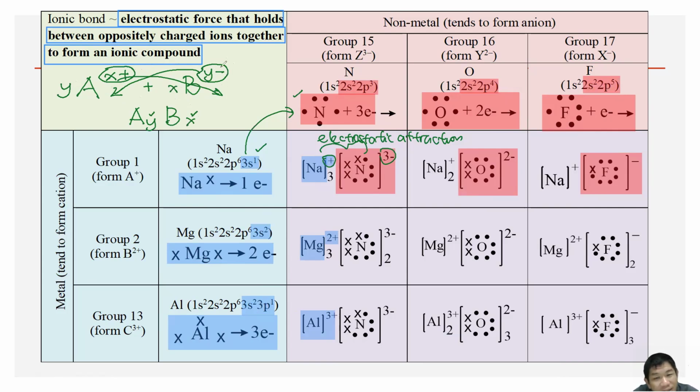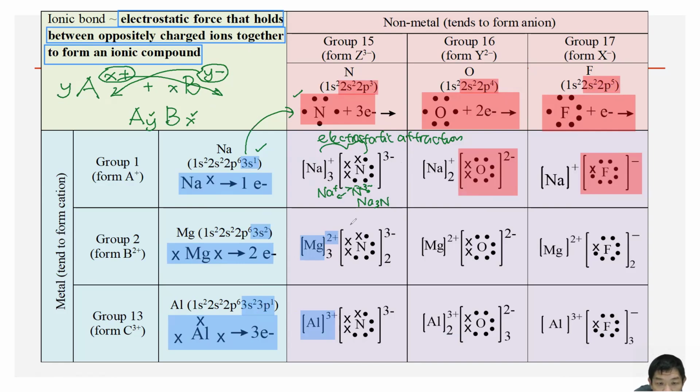If you don't understand from the terms A, x, B, y, which are all unknown, let's have a look at real examples. If you have Na+ with N3-, you put your 3 on this side and your Na on this side, so you form Na3N, with a 1 that we usually don't write.